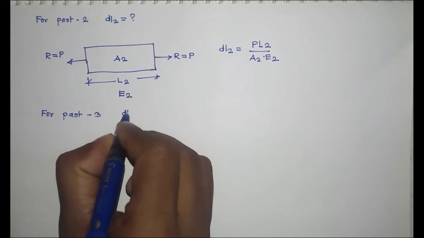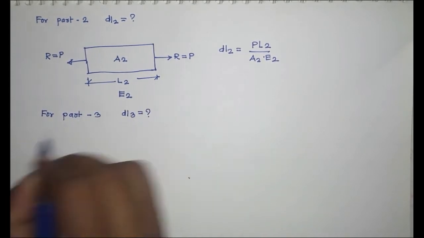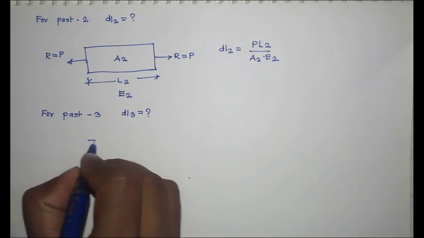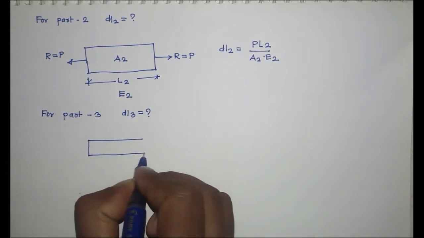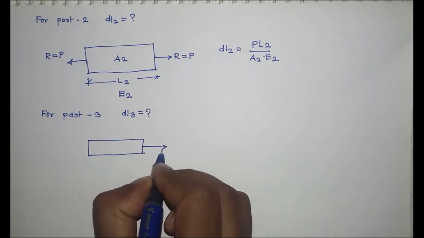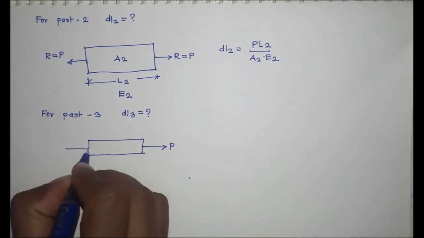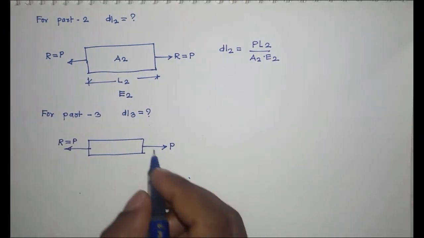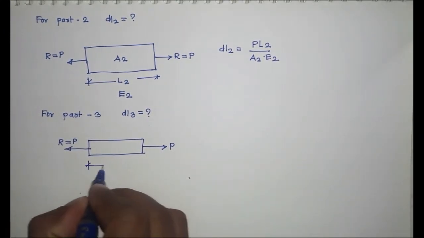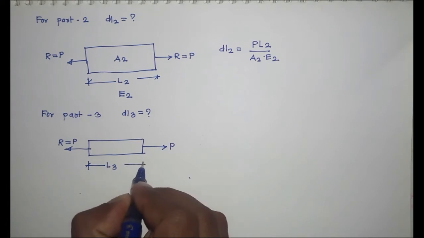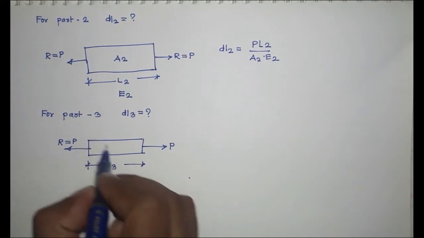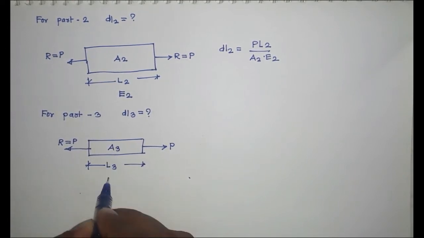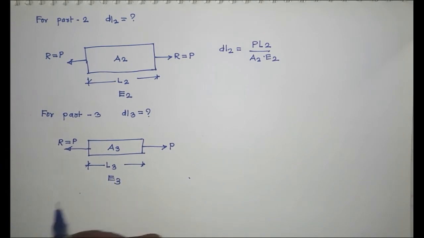For part 3 we are going to calculate dl3, and for this I can write there is a force P, and an equal and opposite force which will be the reaction, so R equals P, and the length is L3, area is A3 and the modulus of elasticity is E3.